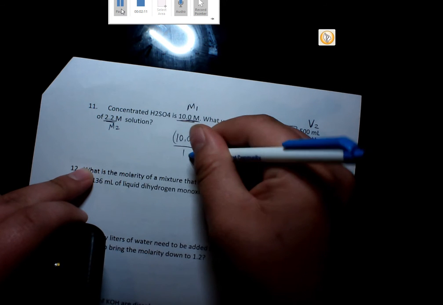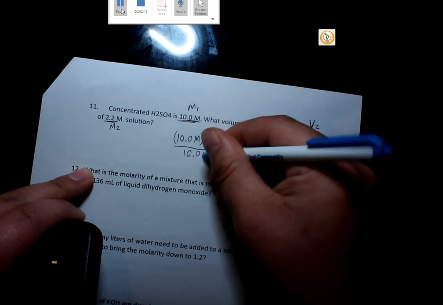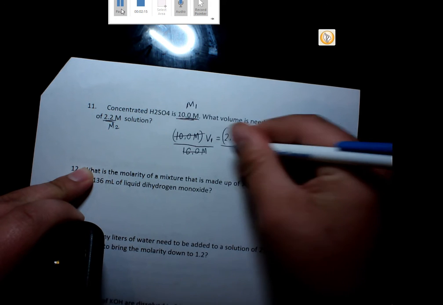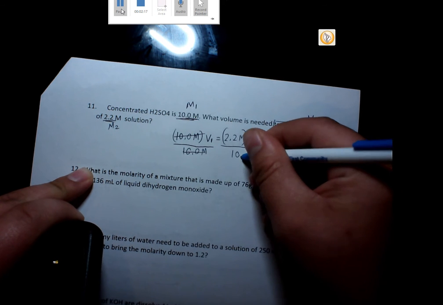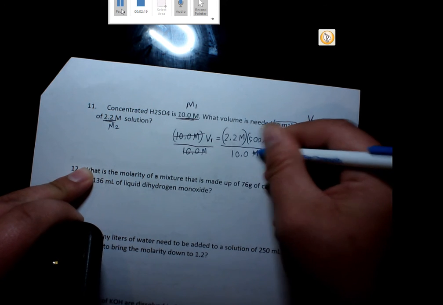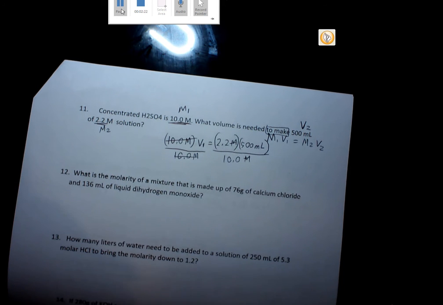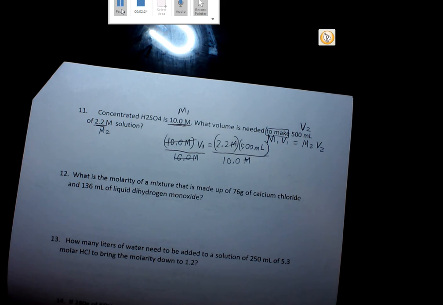Going to get V2 by itself. So we have 2.2 times 500 divided by 10.